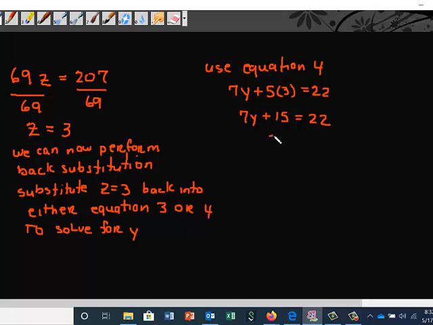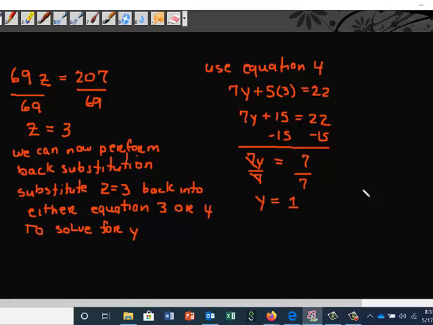We subtract 15 from both sides, which allows us to solve for y. This becomes 7y equals 7. As we divide both sides by 7, what do we get? y is going to equal 1. We see that.